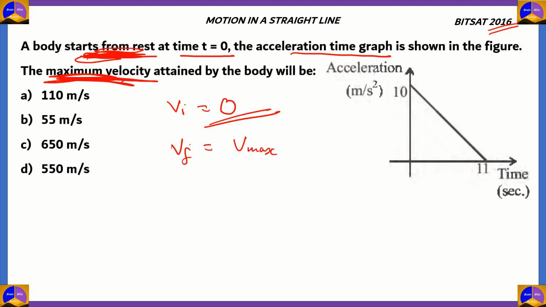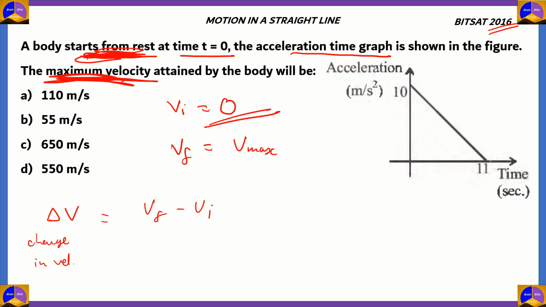And since we know the initial velocity and final velocity, we can calculate delta V, which is basically change in velocity. That is equal to V final minus V initial. So far, so good. But how can we find out the value of delta V if we don't know V final or V initial?